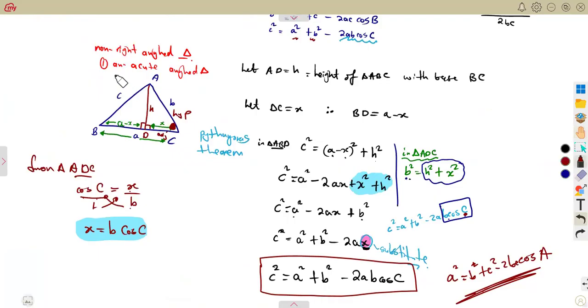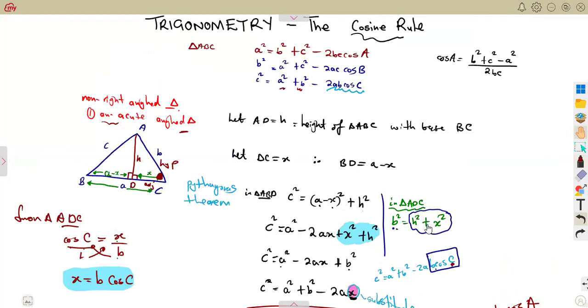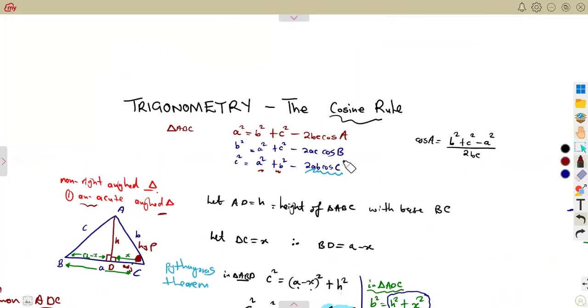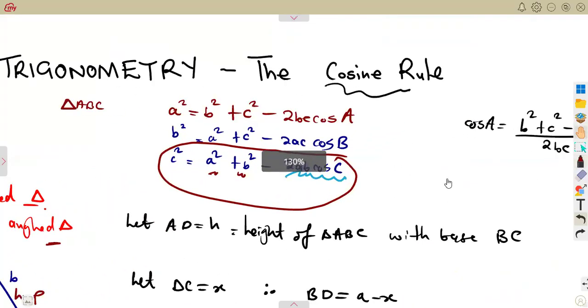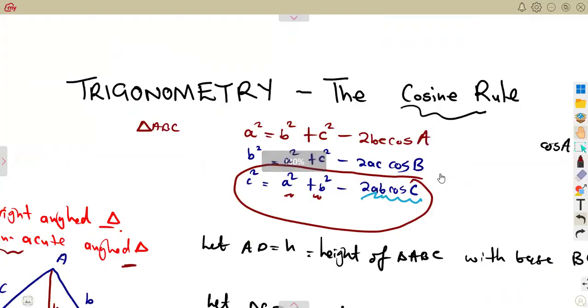Is it an acute angled triangle, or an obtuse angled triangle? Both give us the same formula, which is this part. So you must end up with this formula, or whatever formula you're given, depending on the proof that you're going to have, guys. It's in your hands, but you must have one of these formulas to prove that we are in the right direction.